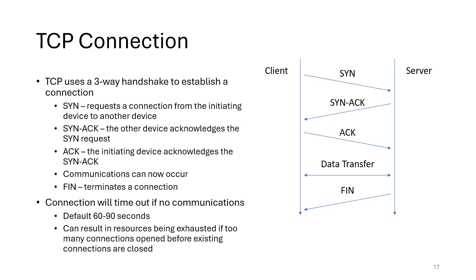Now once the ACK is received by the server, that means that both devices are now communicating with each other with a connection. And now what can happen is you can have the data transfer, and then there's a FIN which terminates the connection when either the data transfer has been sent, or if the server decides it doesn't want to send any more data. So there will be a timeout if there's no communications. The default is 60 to 90 seconds.